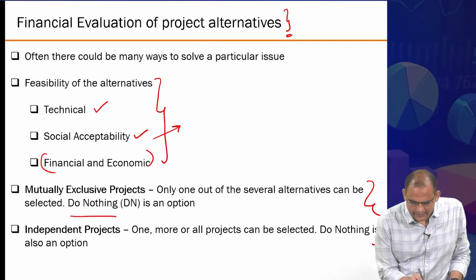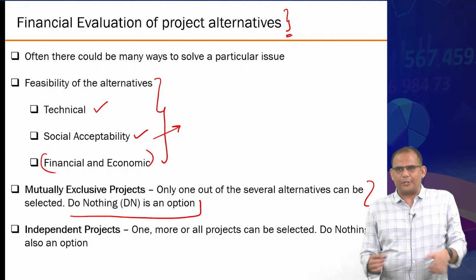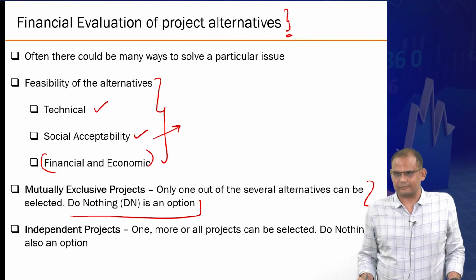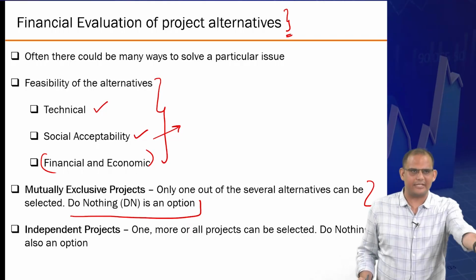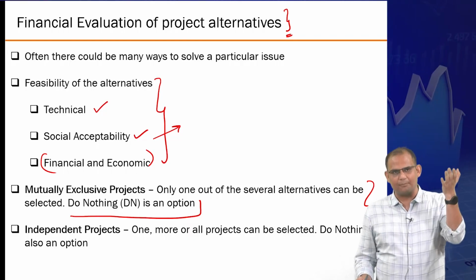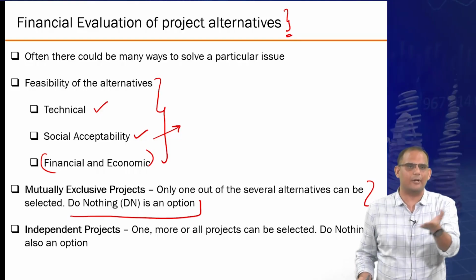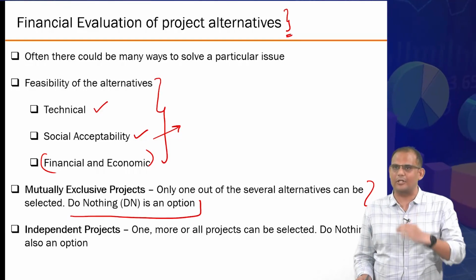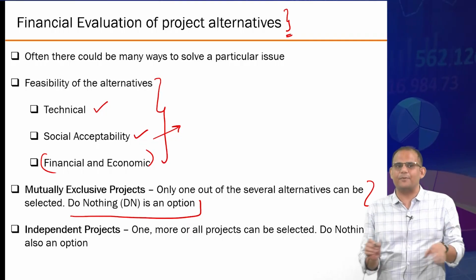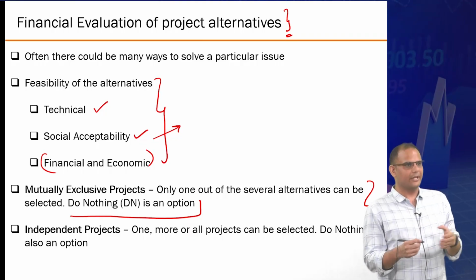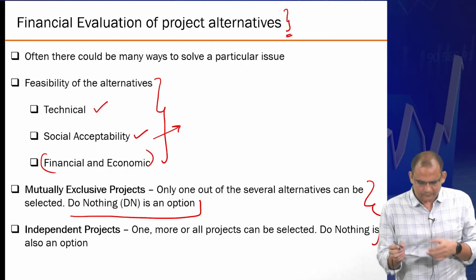And in certain cases, doing nothing is also an option. Suppose I am asking you to invest in option A versus option B. You will say both these options are losing me money. Why would I even invest in option A and option B? So doing nothing is also an option, right? That's a default option in all these kinds of questions when you are dealing with mutually exclusive alternatives.